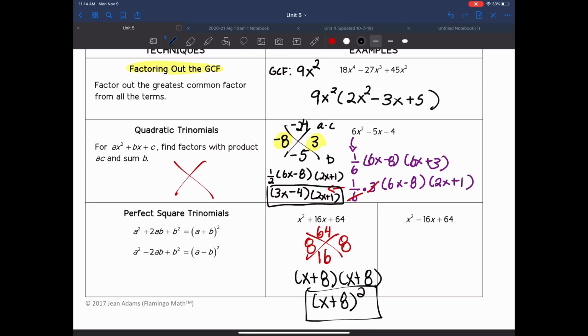Then if we look at the second one, x squared minus 16x plus 64, if I use my factor diamond here as well, a times c is going to be positive 64, b is going to be negative 16. So once again, factors of 64 that add up to negative 16. Well, if I have negative 8 times negative 8, that's going to give me 64. Add those, I get negative 16. So this is going to be x minus 8 squared.